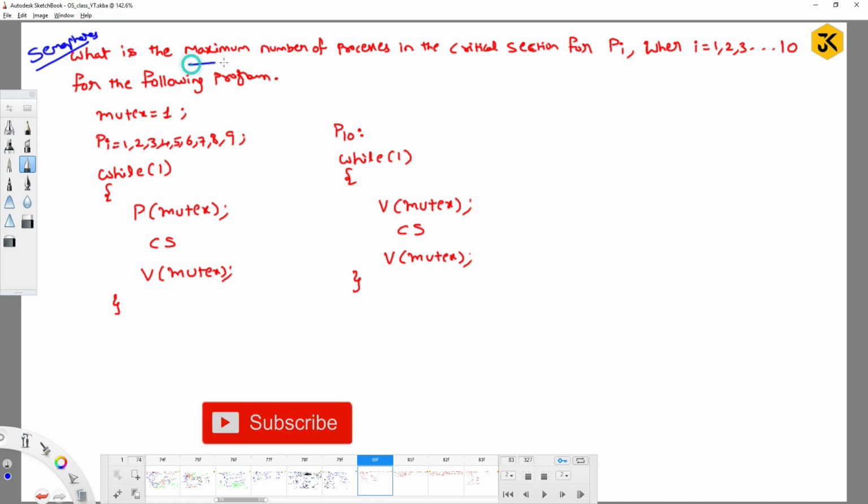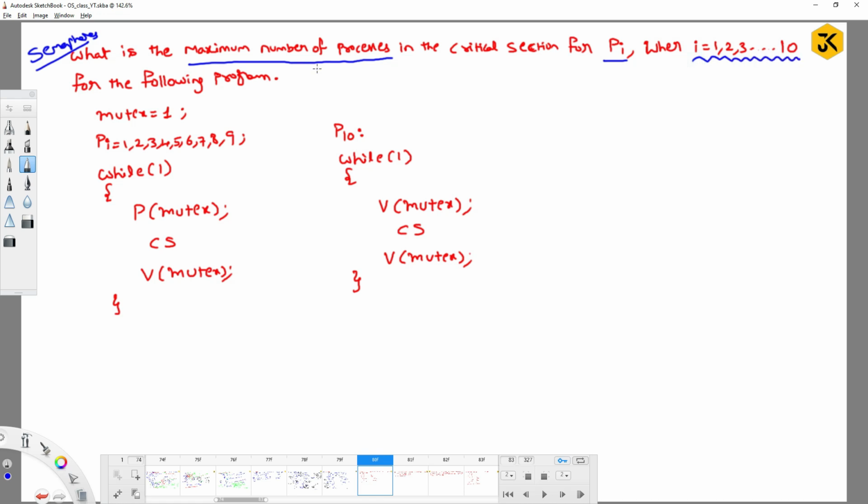What is the maximum number of processes in the critical section for the processes Pi, where i equals 1 to 10, for the following program? Means what they are asking, if I have a critical section like that, how many maximum processes are able to reside in the critical section, and how many processes are there outside waiting?